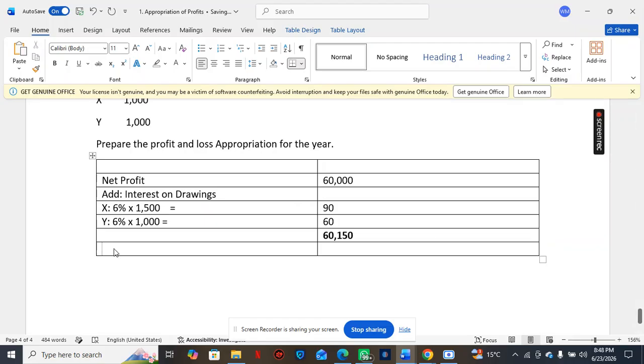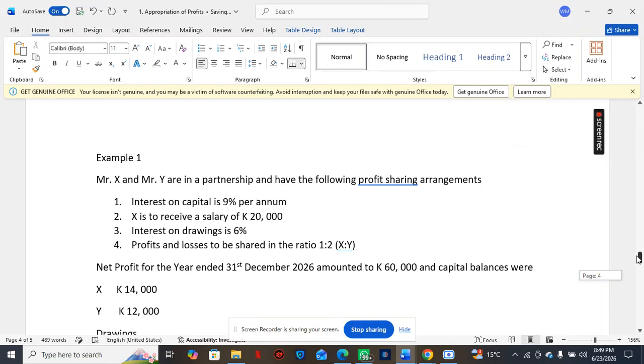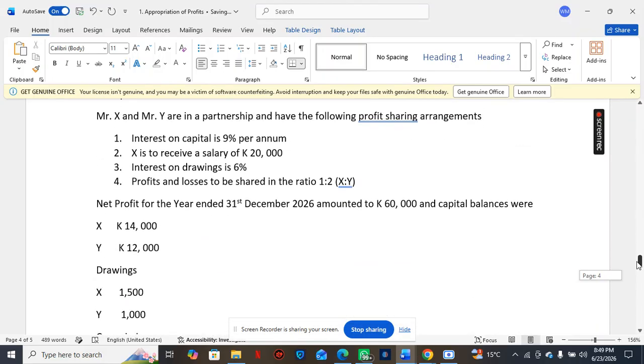Basically, what the business has to give to the partners. So we're going to say less, let's start with interest on capital for Mr. X. Interest on capital, we've been told, is 9%.